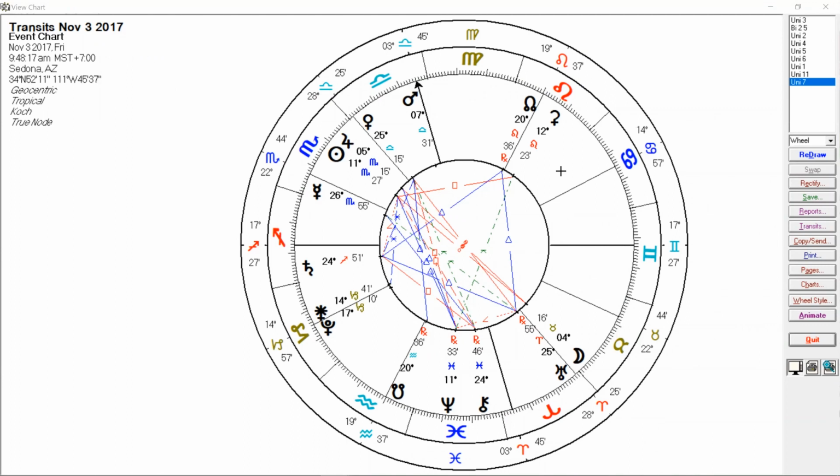They seek harmony and beauty, and that's how they relate to the world. So, in a nutshell, that's what the moon in Taurus seeks.